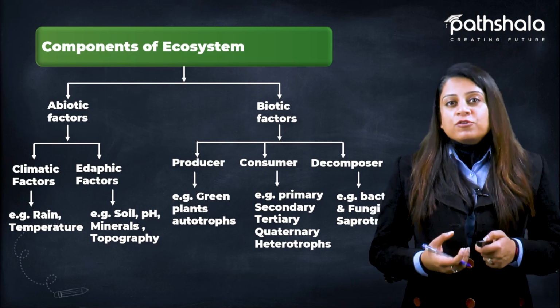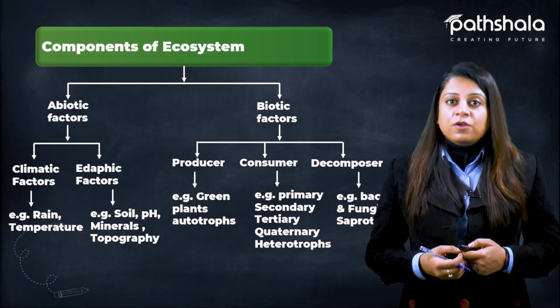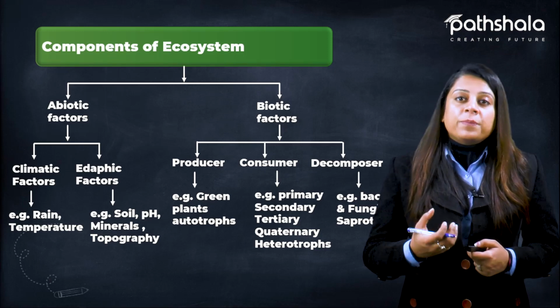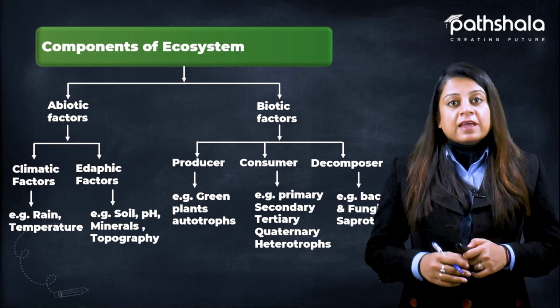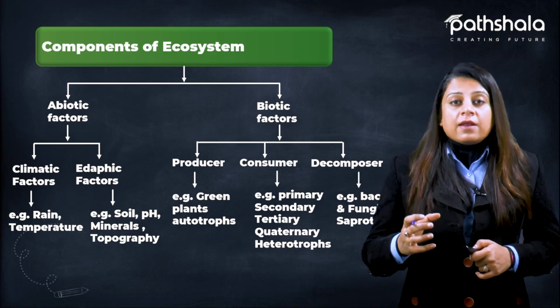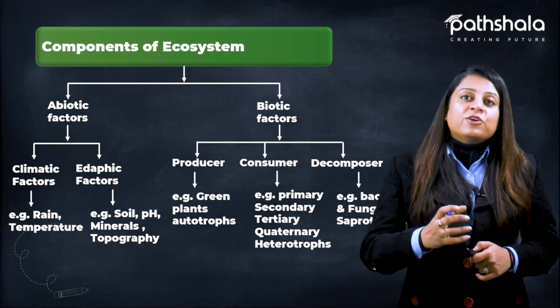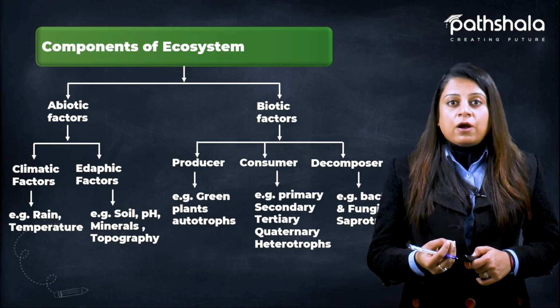If we talk about human beings, we are also dependent on plants. We are getting our food from plant sources. So that's why we are termed consumers. Similarly, if we talk about animals, there are animals which are directly dependent on plants. Those we term herbivores, for example, cow.